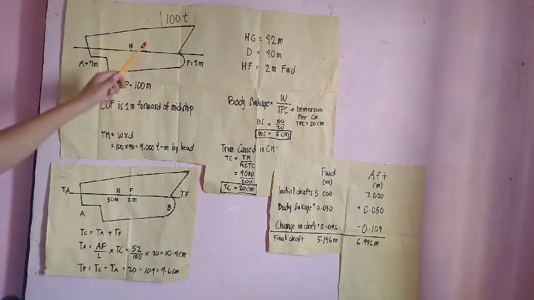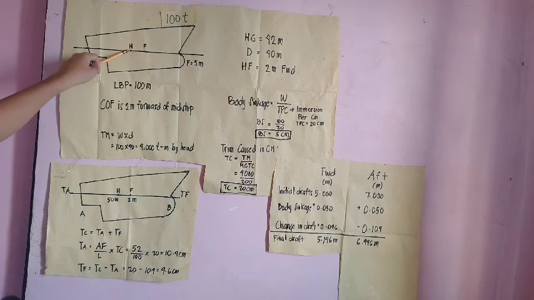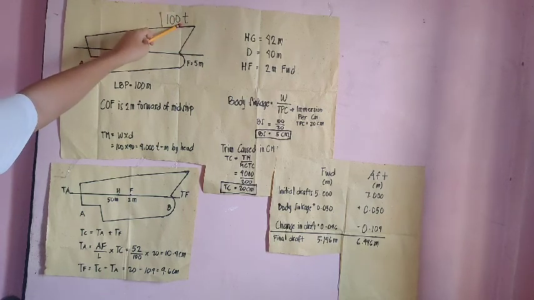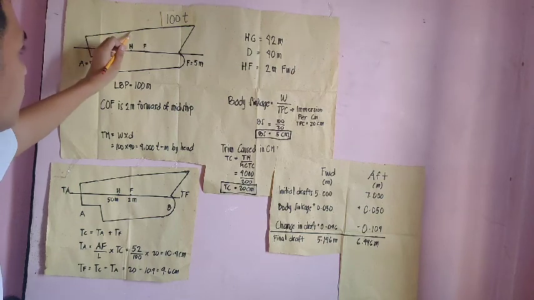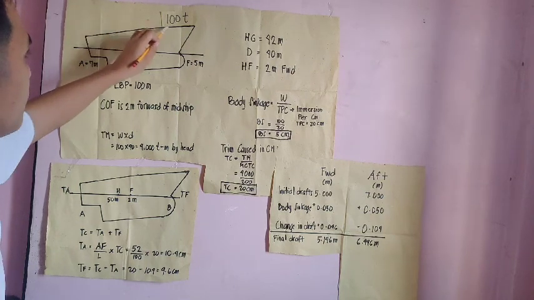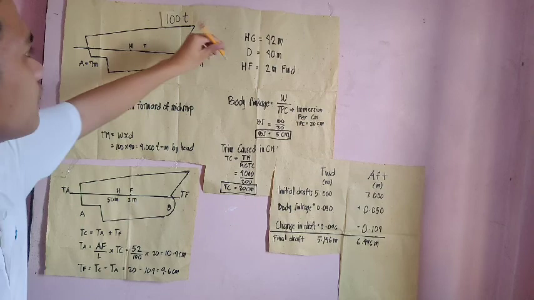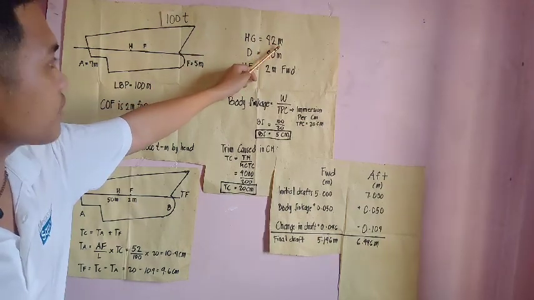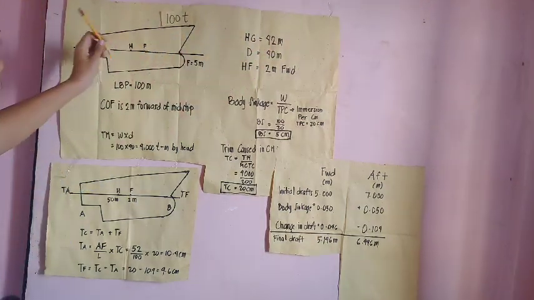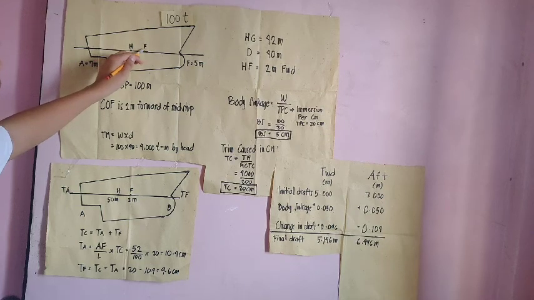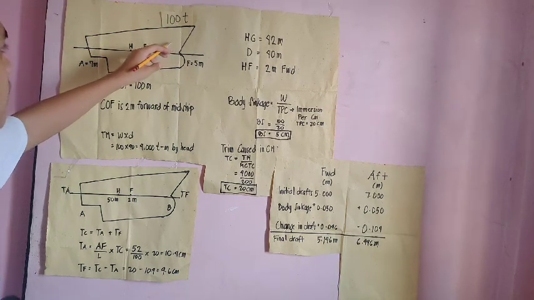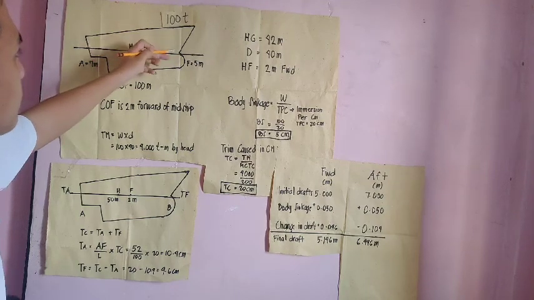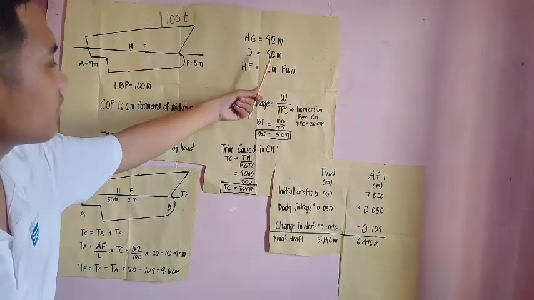The distance between our midship and our weight, 100 tons, is equal to 42 meters. And the distance between our flotation and our weight is equal to 40 meters.